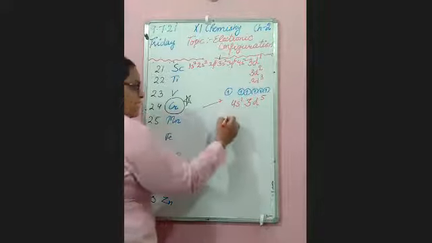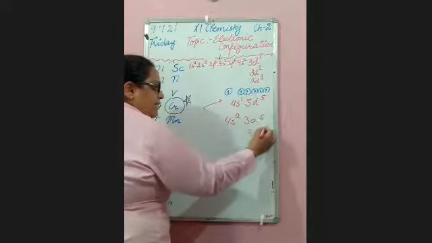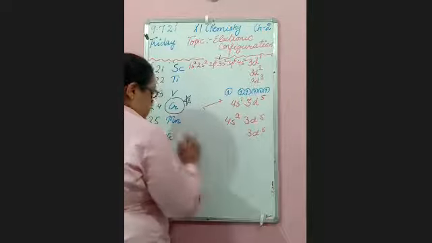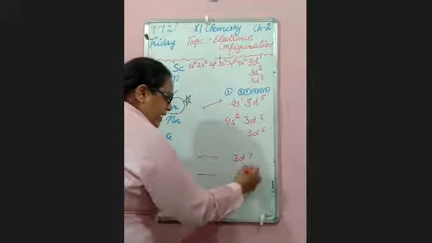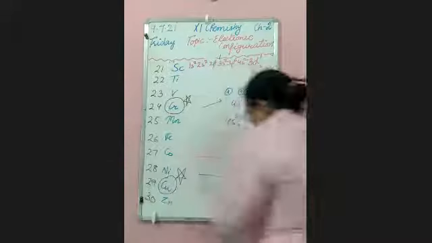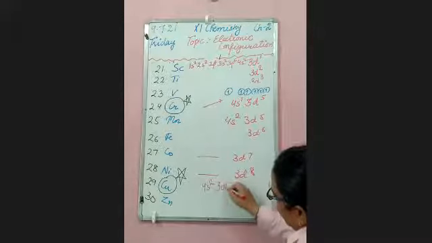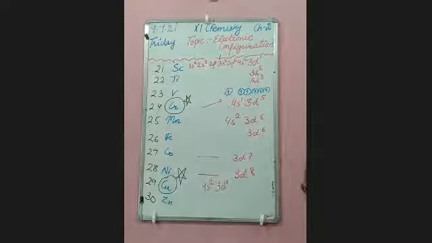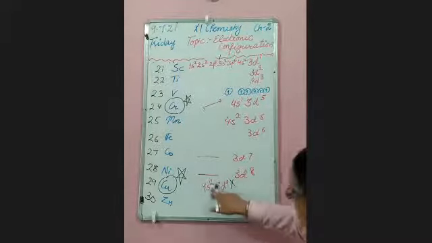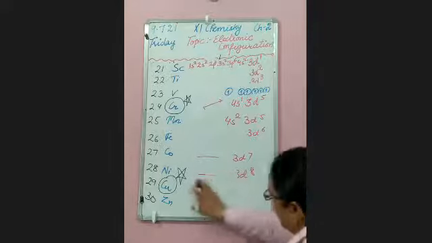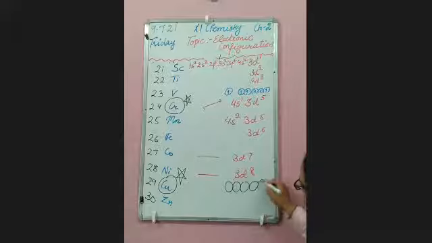After that, again the electrons will go to 4s2, 3d5, 3d6, 3d7, 3d8. Now, again, in this case it should be this, but this is not the configuration of copper. One electron will move to the d orbital and make it a fully filled configuration.